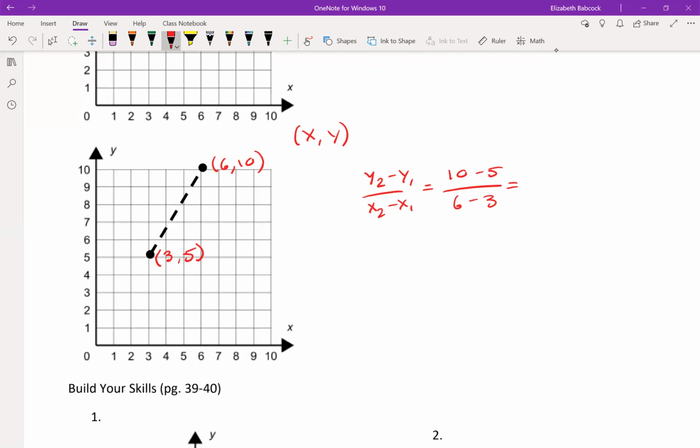So we get a slope of 5 over 3. Now, one way you can also double check if your answer is correct is put your slope in. So this is a slope of going up 5, so 1, 2, 3, 4, 5, and over 3, 1, 2, 3. Are we at the other point? Yes, so our slope works. There's different ways to figure it out. Some with calculation, some not.